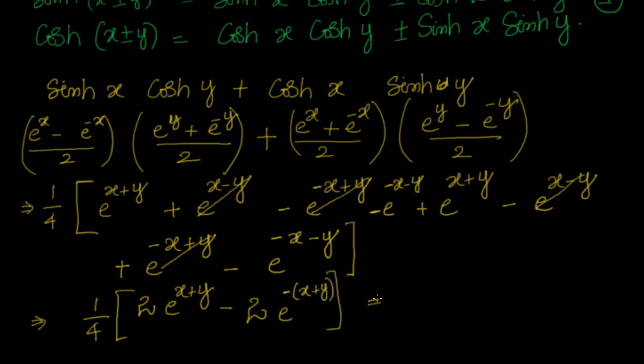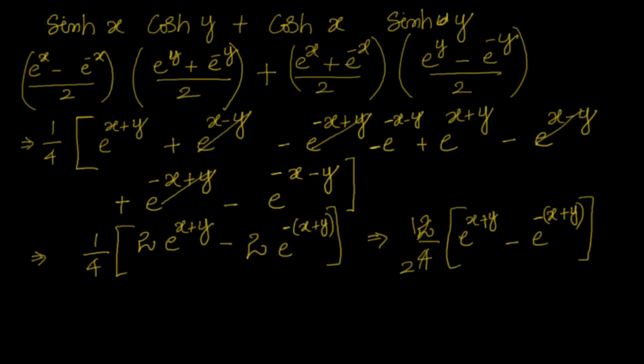So this is nothing but 2/4 into e^(x+y) minus e^(−(x+y)). If you take x plus y as z, you can see that it's nothing but 1/2 into e^z minus e^(−z).